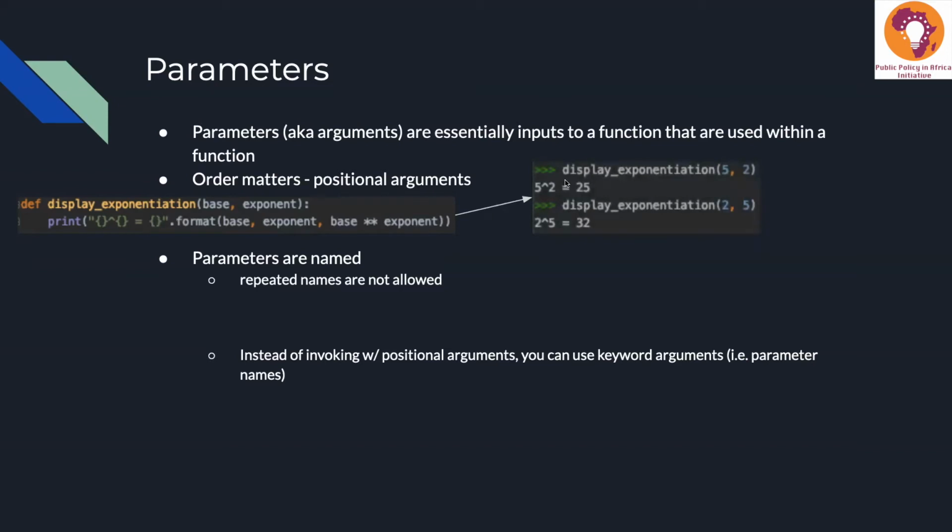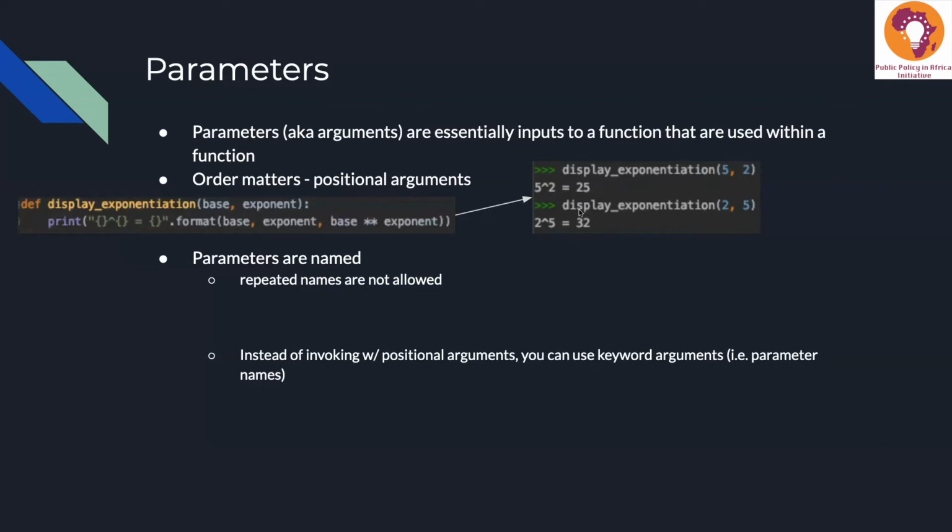Now when we invoke display exponentiation, the first argument passed, a 5, is substituted for our base variable, so we'll see that as the first thing before the caret, and it's base to the power of 2, because 2 is our exponent that's passed in. You see how the order matters here. We get the base is 5, and the exponent is 2.